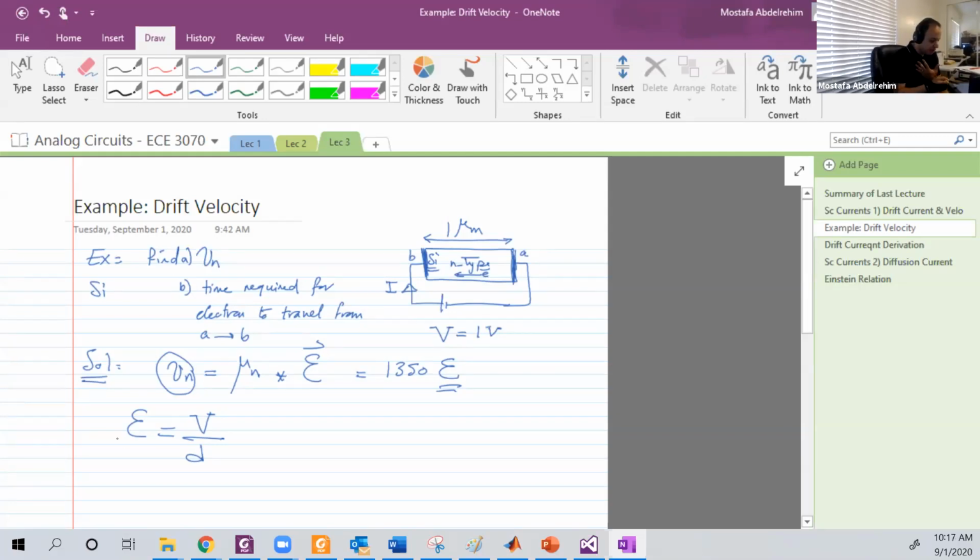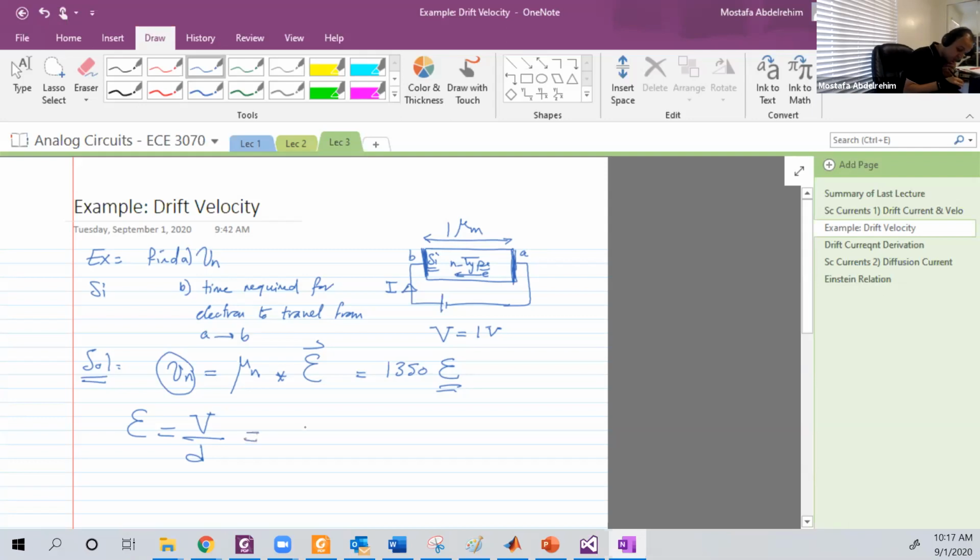This is a linear relation between the electric field and the voltage. So it's just the voltage divided by the distance between the two terminals of the battery. Okay, so we assume here that the electric field is linear inside this sample.